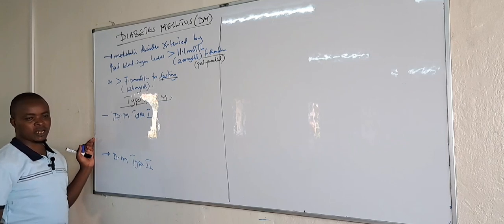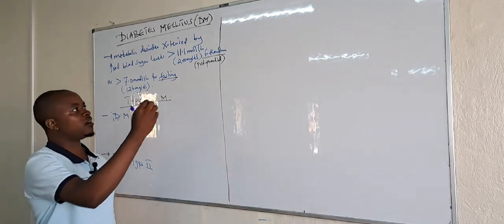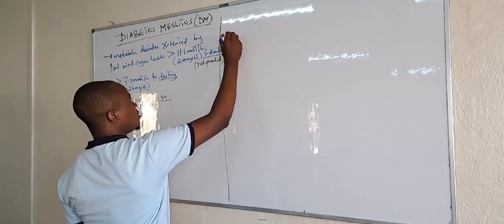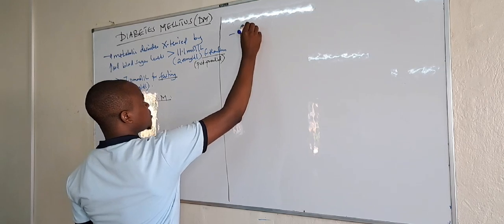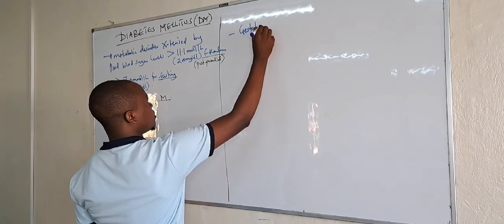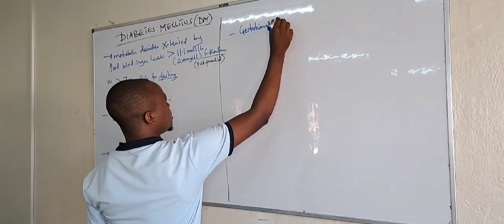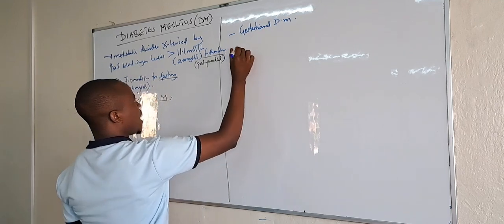These are the major ones. Then we have gestational diabetes mellitus. Also, we have other types.